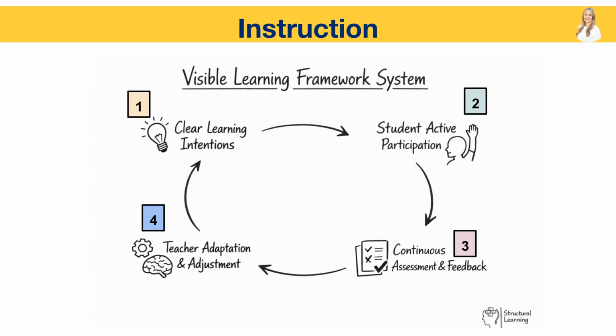Then, based on what we notice, we adapt and adjust. That might mean reteaching, giving more support, offering a new strategy, or increasing challenge. The important idea here is that learning is visible when students understand the goal, engage in the process, receive feedback, and show growth over time.